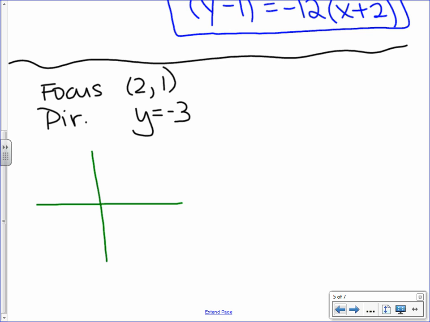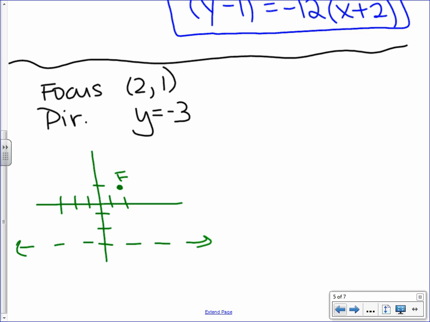So our focus is 2, 1, and our directrix is y equals -3. So this is our focus and this is our directrix. First of all, where would our vertex be?